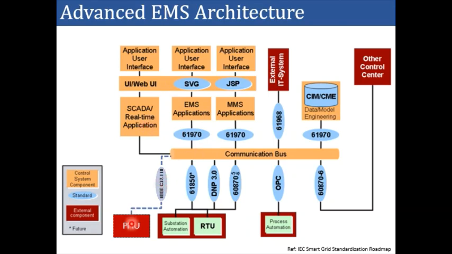So what are the various protocols we use? For PMU we use IEEE C37.118. For substation automation we use IEC 61850. For RTU we generally use DNP 3.0 and IEC 60870 as protocols.